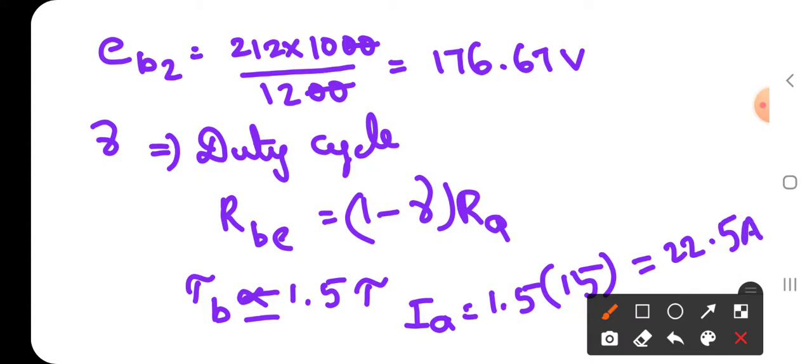At this rate, let us find the voltage applied to the armature, VA.